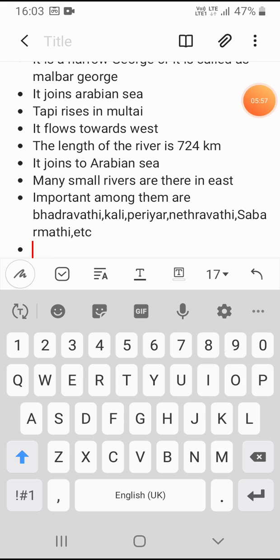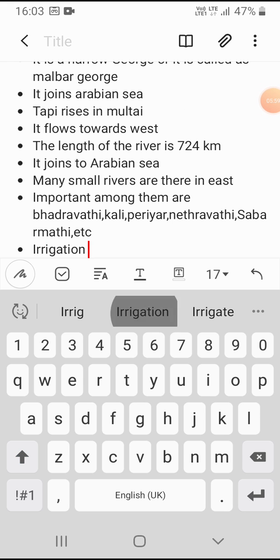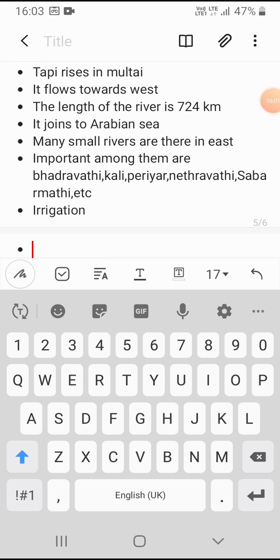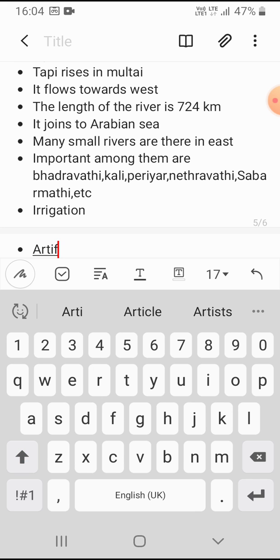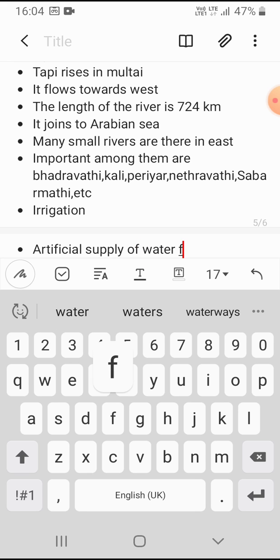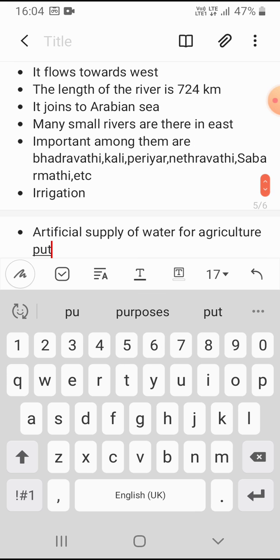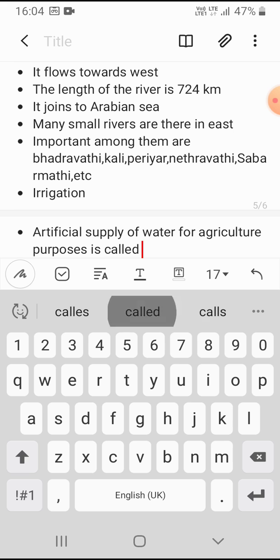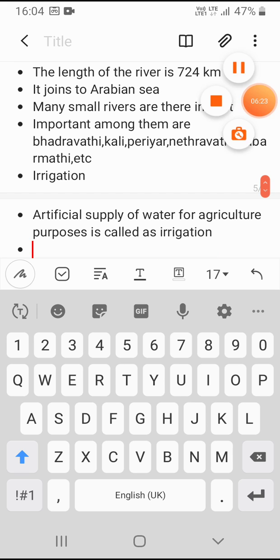irrigation. So irrigation is our next topic. Artificial supply of water for agriculture purposes is called irrigation. They may ask the meaning of irrigation for 1 mark.